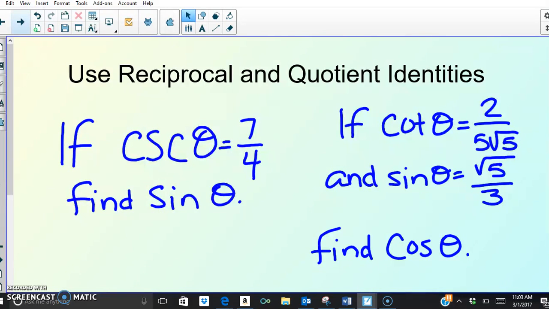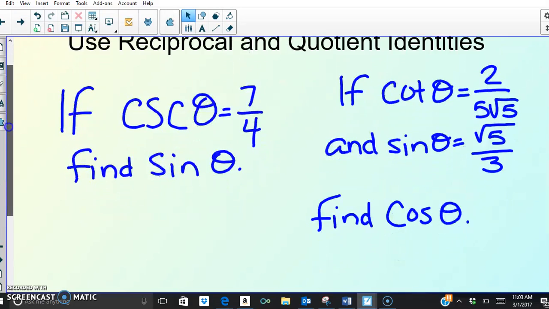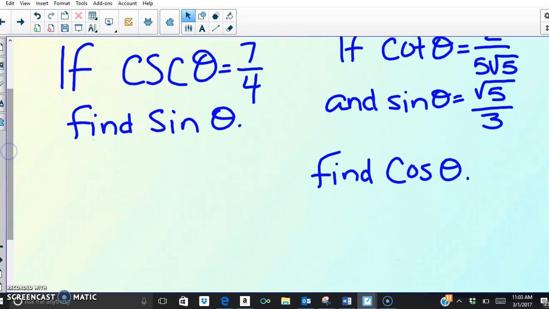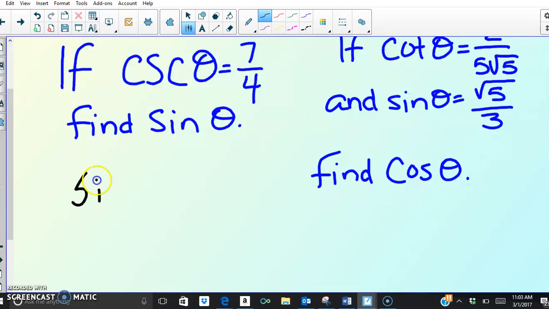So this is two separate questions here. If cosecant theta equals 7 over 4, find sine theta. So the first thing we need to do is get our identity of what sine theta equals. So sine theta equals 1 over cosecant theta. So I'm just going to plug that in now.